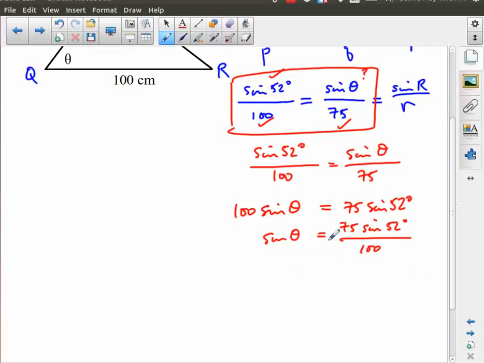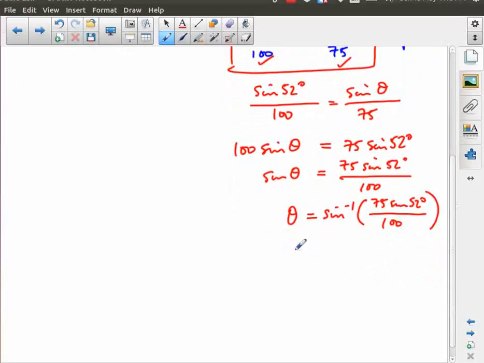You could change this into a number right now. And that's particularly okay if you keep it in your calculator. But I'm going to go one step further, which is I'm going to say that if sine theta equals this thing, which is just going to work out to be a number, then theta itself is the inverse sine of this thing, 75 sine 52 degrees over 100.